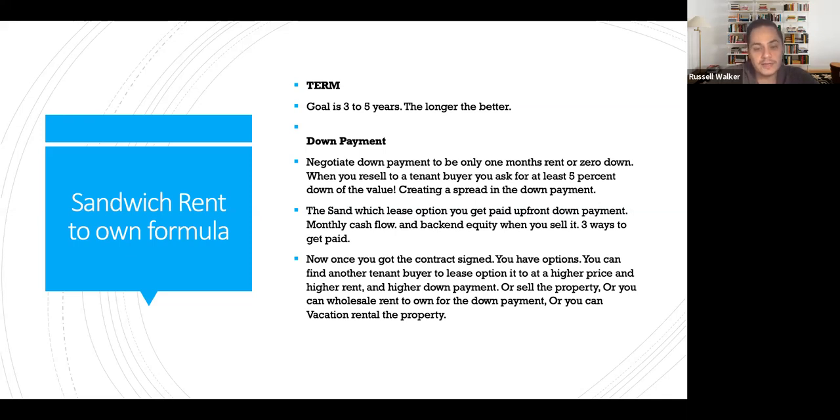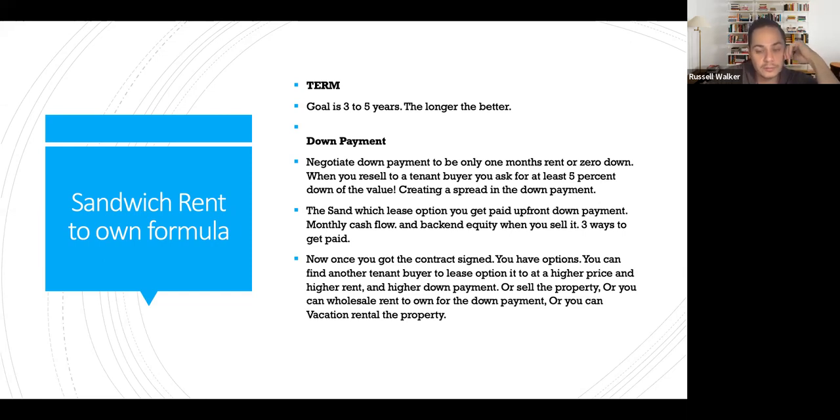Or you can turn it into a vacation rental, like I said, where instead of making maybe 500 a month in cash flow, it's now making 2,000 a month in cash flow because you turn it into a vacation rental, like an Airbnb. We've done a vacation rental at the same time as we listed it for sale. So we got like a super hot deal.